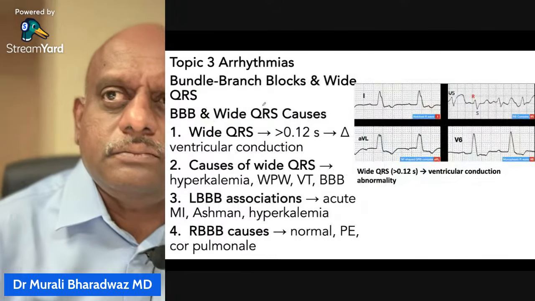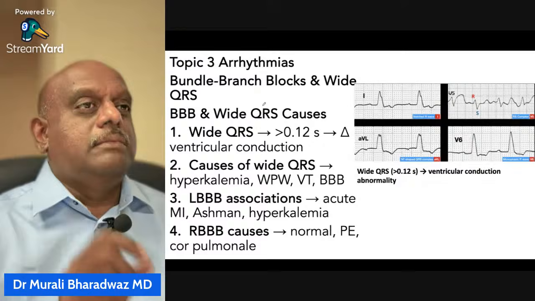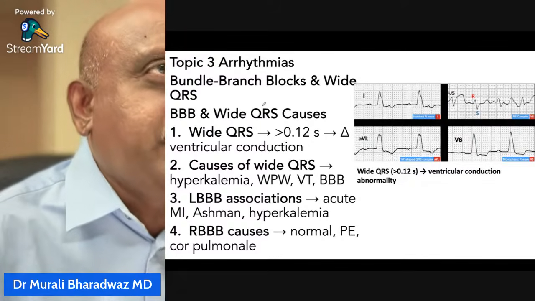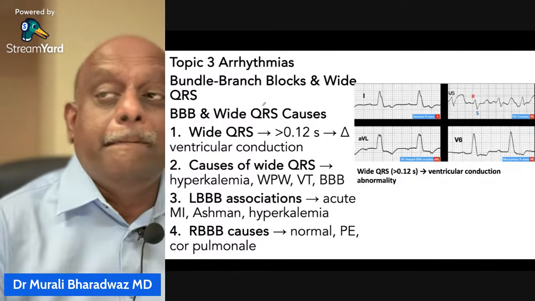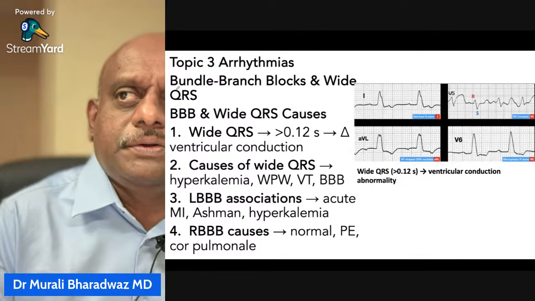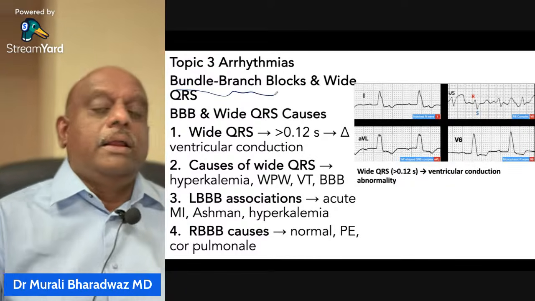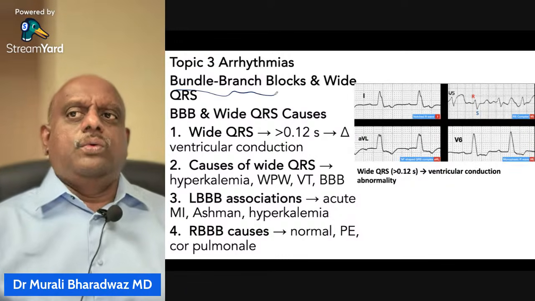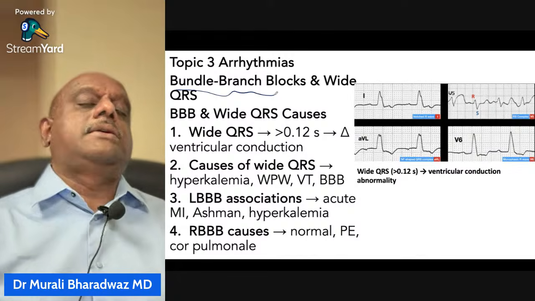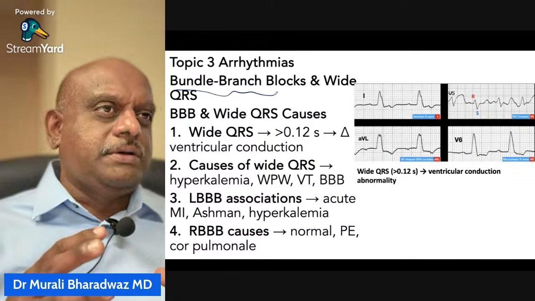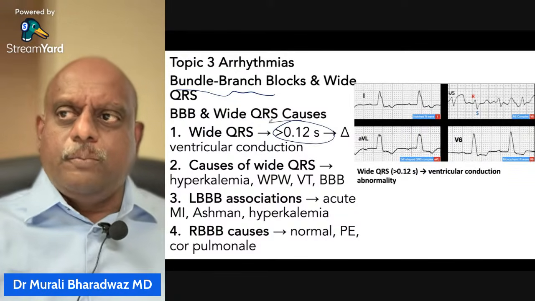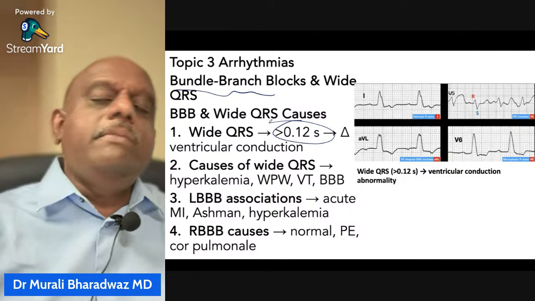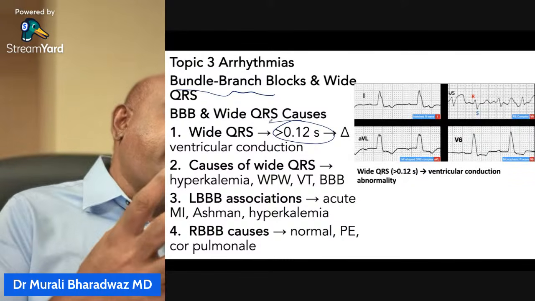Now, the next favorite aspect of the arrhythmias for the examiner is bundle branch blocks, right? Now, what is wide QRS complex? Anything more than 0.12. What is the meaning? Why does the QRS become wide?